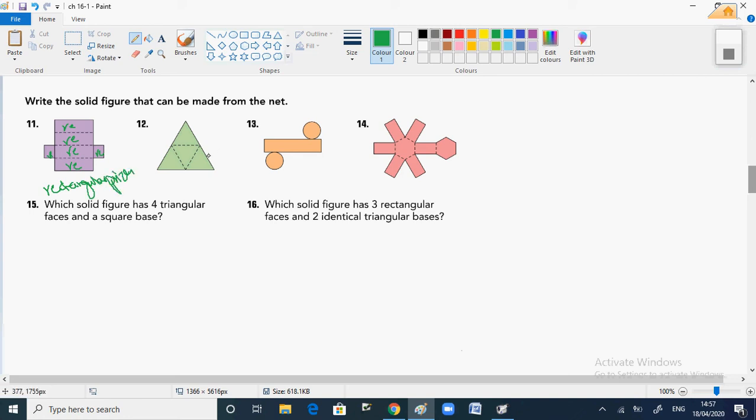This here I have one base and three triangles, that means triangular pyramid. Here I have two circles and the face is rectangular, that means it's a cylinder.